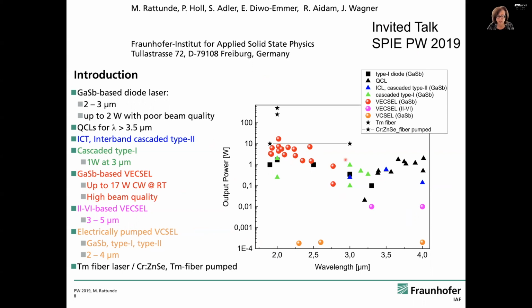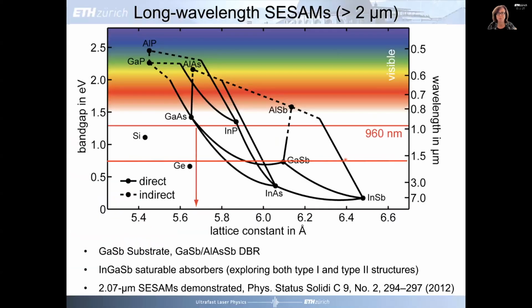It's all based on type 1 VCSEL. And that is basically the motivation. They have not been really working on mode locking. And so we basically set out to do the mode locking, to repeat the success story of the VCSEL at 1 micron and push it into the long wavelength regime. So when you look at the 3.5 material, we still want to stay with 3.5 material.